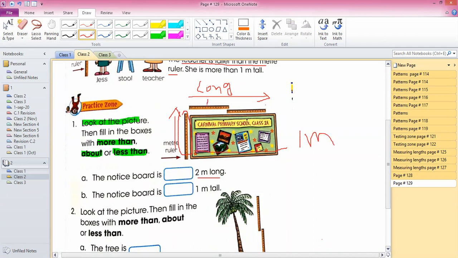This is one and this is also one. So this is two, and this is the length of 2 meter. Now you have to check whether the notice board length is more than or less than 2 meter long.